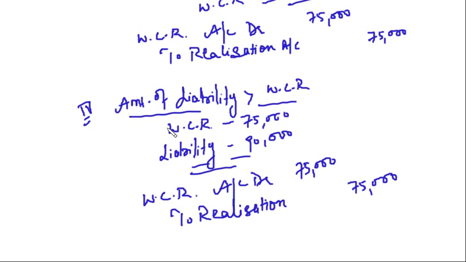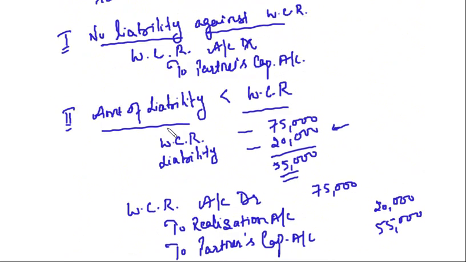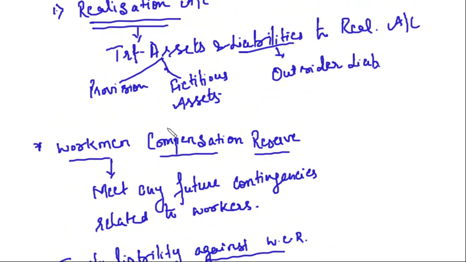So what we have done is, in realization account, we talk of two things, assets and the liabilities. Clear? For assets, we say we transfer the assets to the realization account as soon as we realize that we are closing down the business and we have to sell our assets.